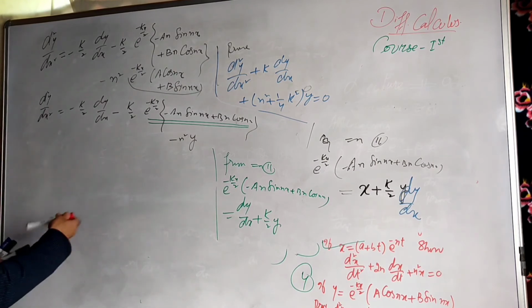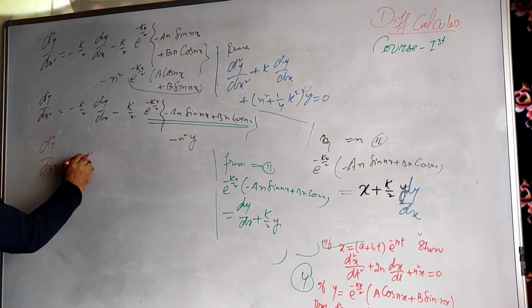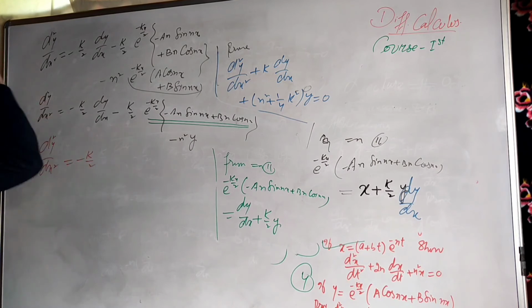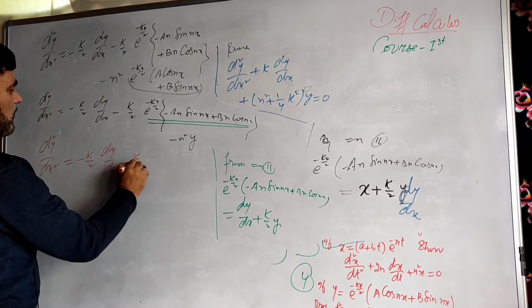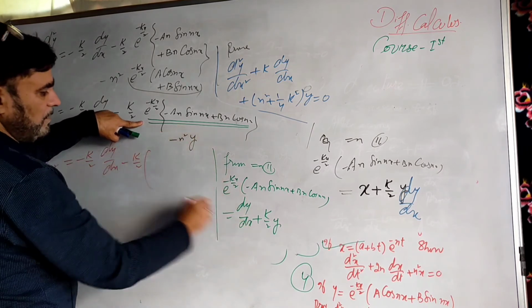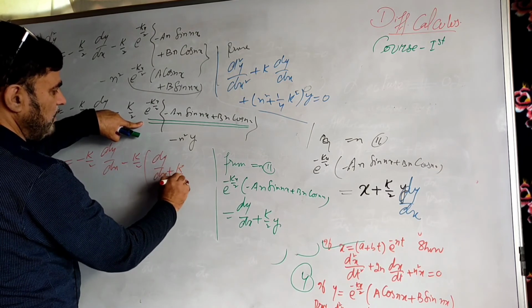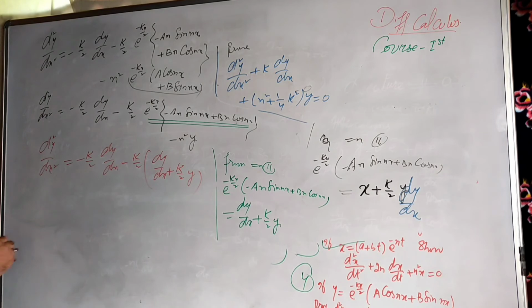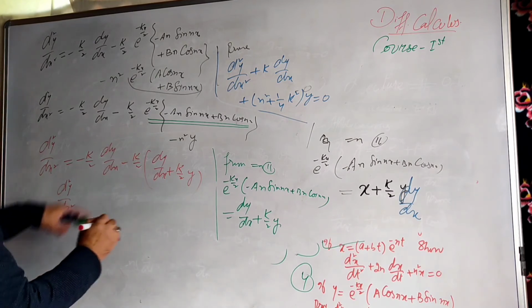Now this is your, just look now, d2y by dx square is equal to minus k by 2 dy by dx minus k by 2 here. This is the value from this, dy by dx plus k by 2y. I have to now simplify this. Just look, it is d2y by dx square, it is here n square y.